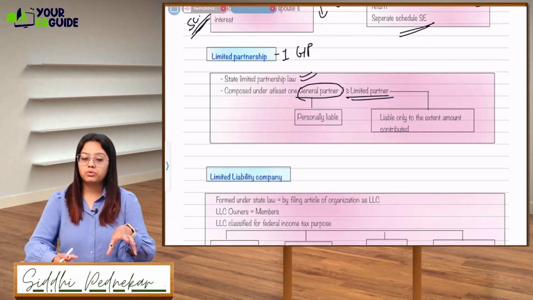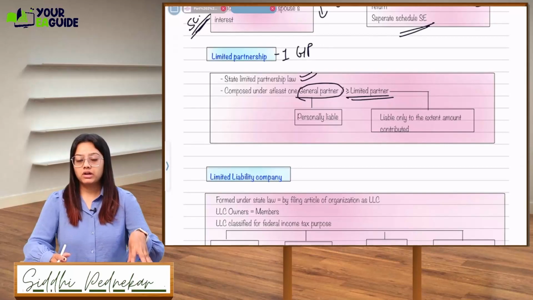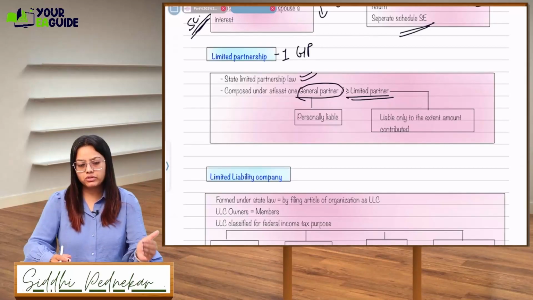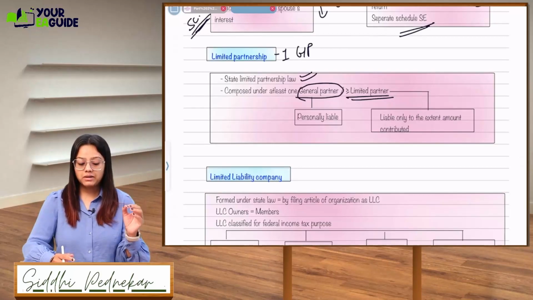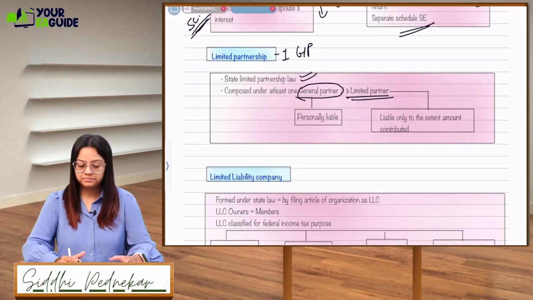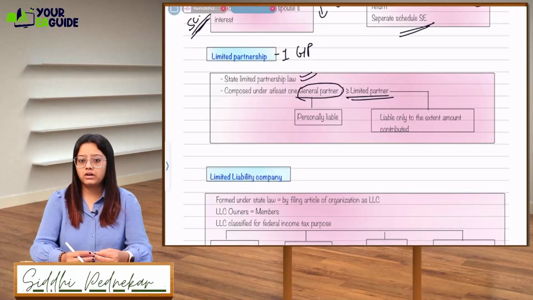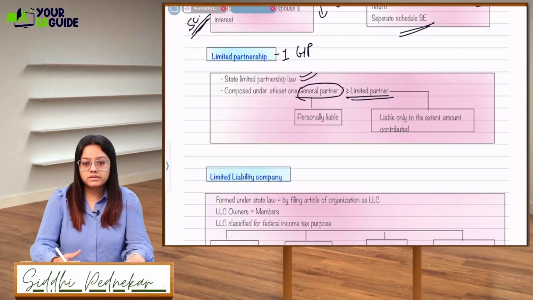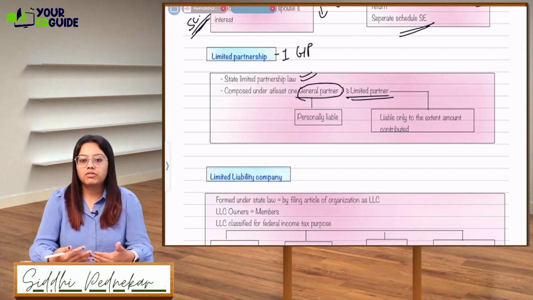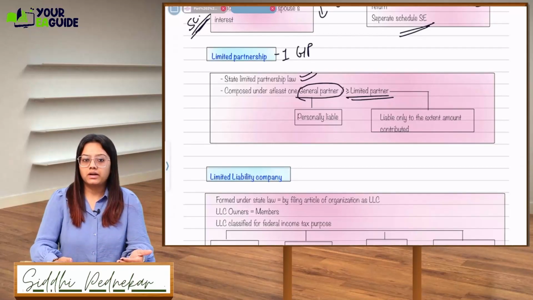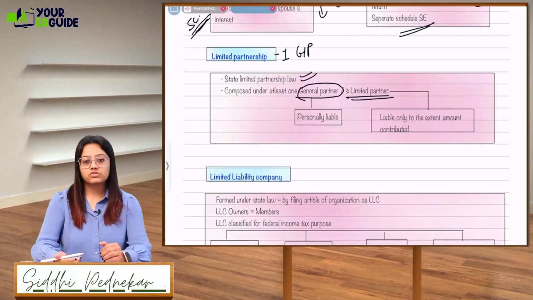It is all up to the liability. Whatever contribution they have made, if up to that much amount they are going to bear the liabilities, that partner is called a limited partner. If the partner has unlimited liabilities, meaning it doesn't matter what amount the person contributed, more than that whatever the person is liable for, that type of partnership is a general partnership.